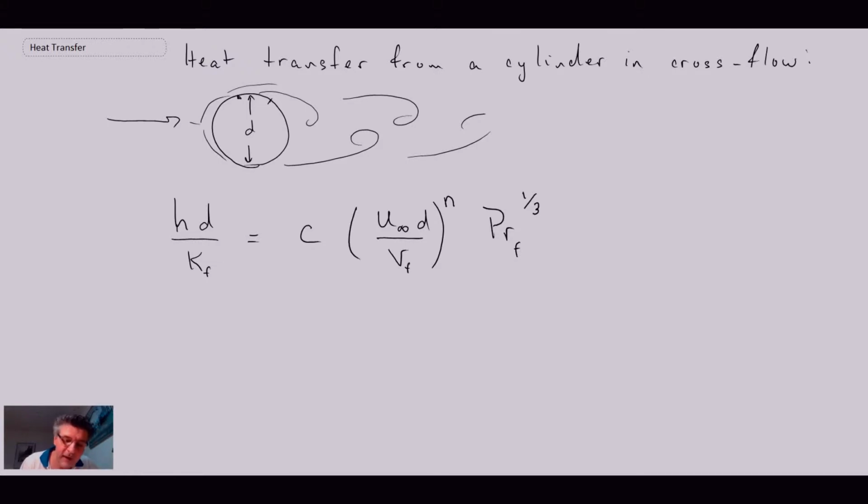So looking at this equation, what we see is we have these coefficients C and n, and these would be obtained by conducting experiments. So what I'm going to do now is just write out the values, and we'll assume this here is Re_D, evaluated at the film temperature.